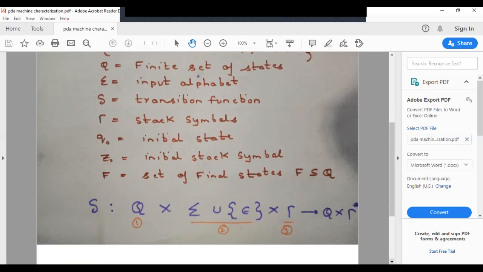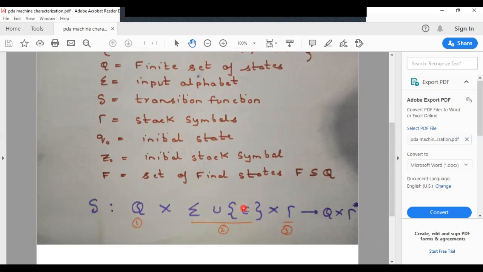So the transition in PDA depends on three things. The first one is the state on the finite control. The second one is the input symbol we are reading from the input tape, or we can even read epsilon from the input tape. So either we will be reading some valid symbol from the input tape, or we will be reading epsilon.